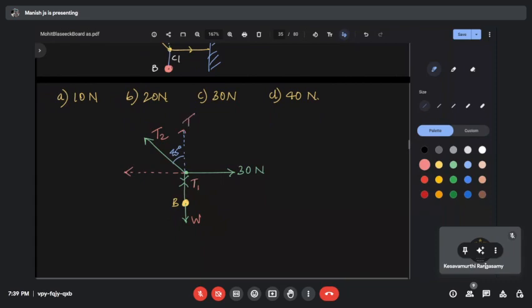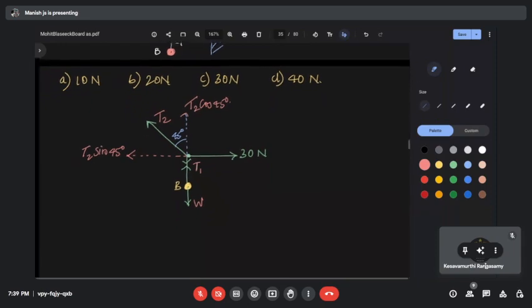In the vertical plane, as it's making an angle of 45, it will be T2 cos 45, and in the horizontal plane towards the left, it will be T2 cos of (90 minus theta), which is 90 minus 45, which is sin 45. So I can write it as T2 sin 45. Is this clear? First you write this. Once you have written all this, resolving tension T2 into vertical and horizontal components is done. Now we will go and write the expressions.